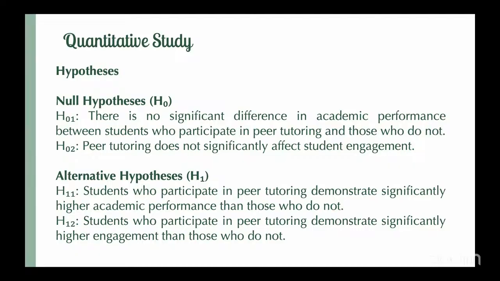Other than the null hypothesis, we can write an alternative hypothesis asserting that students who participate in peer tutoring demonstrate significantly higher engagement than those who do not. Here I'm talking about the positive aspect, that they do have a difference. So this is the way hypotheses are written. And again, there is more to delve into, so you can do it later.